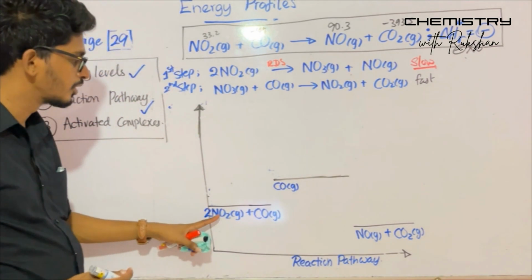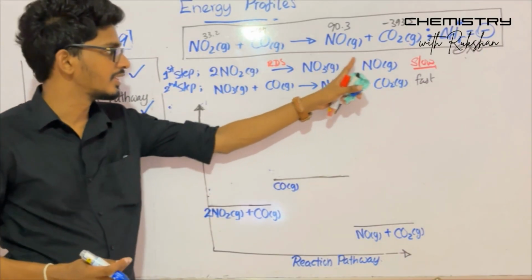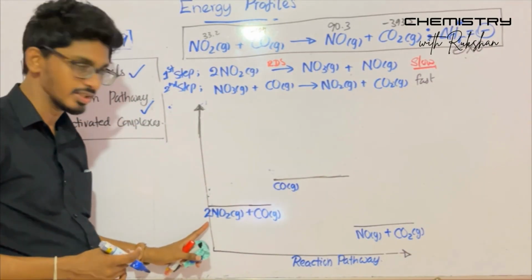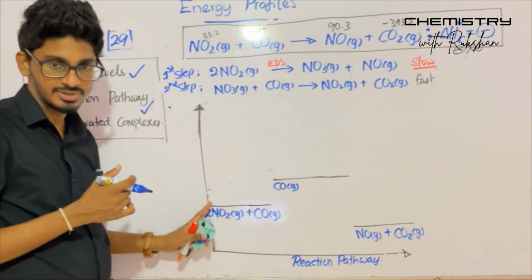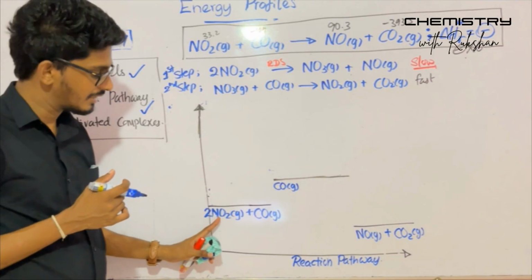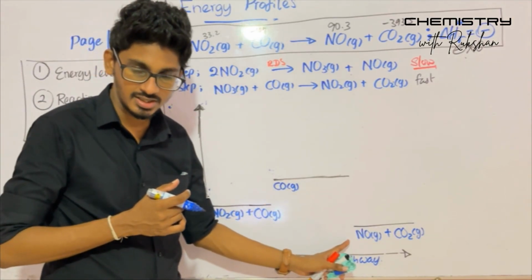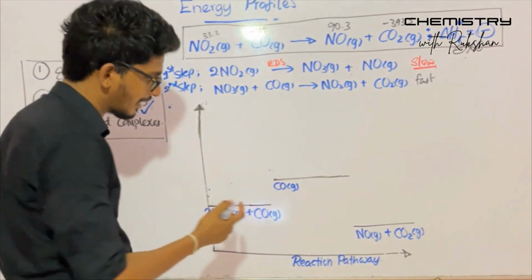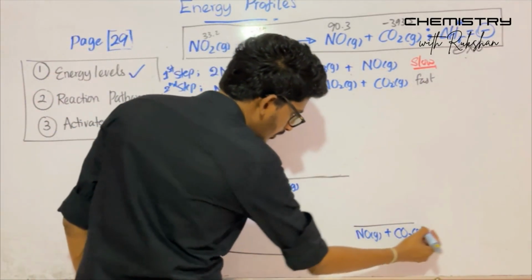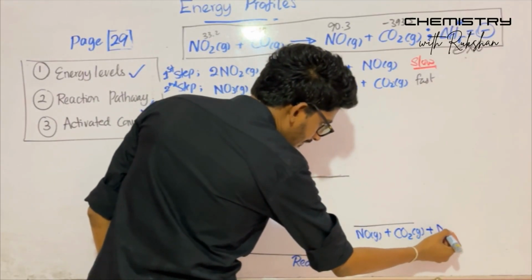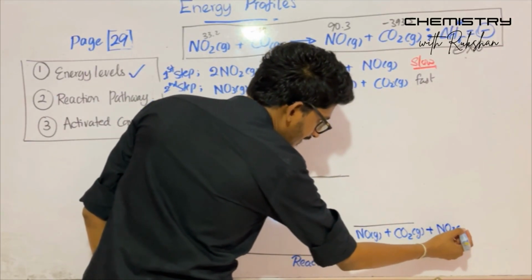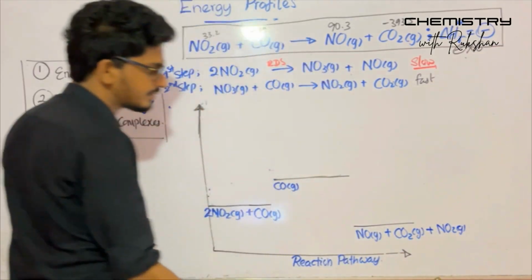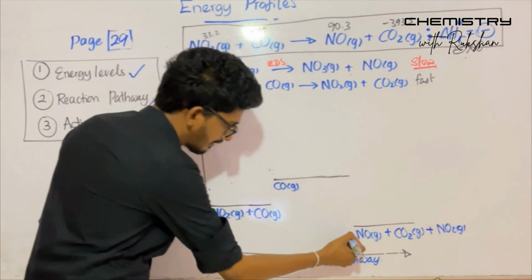Without two NO2 molecules, you can't come up with the NO3 and the NO. That means if you have made some change to this step, definitely you have to make a change to the steps you balanced earlier. You have to come up with some NO2 there as well, here, here.